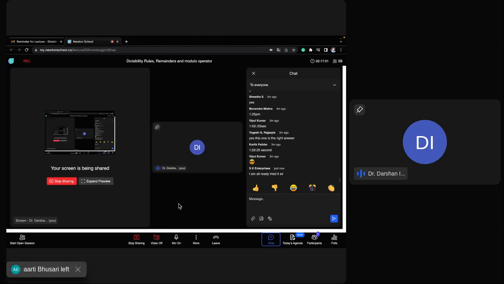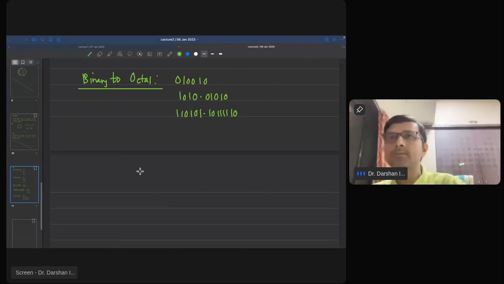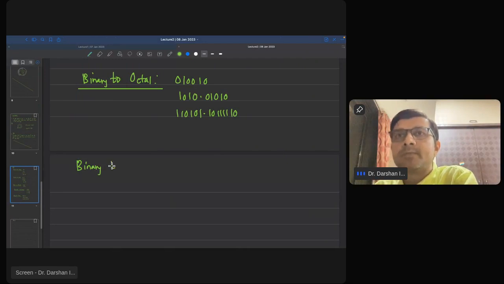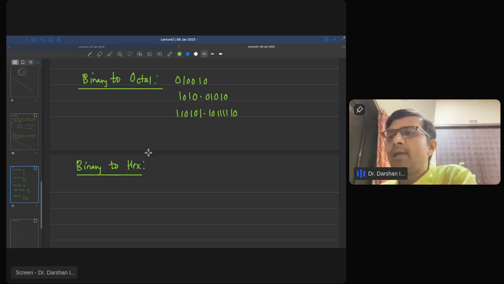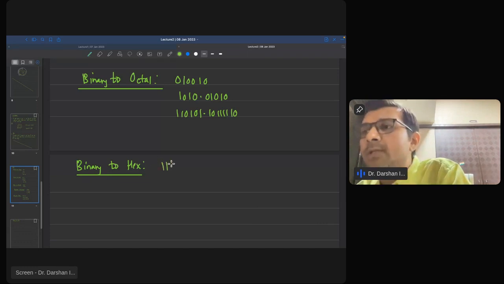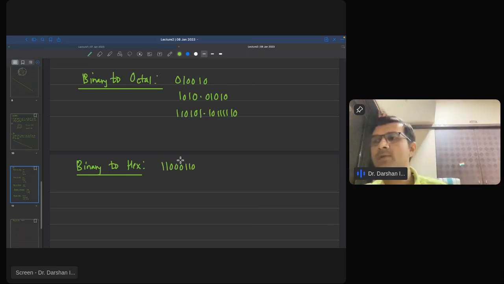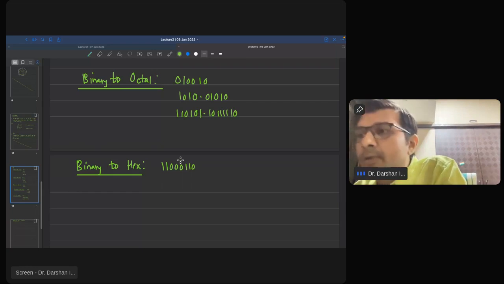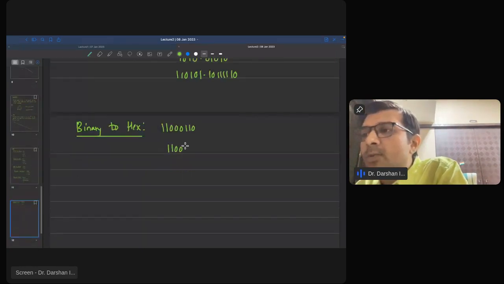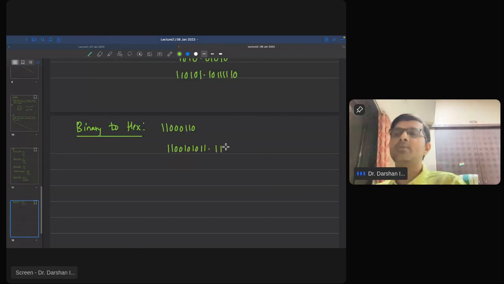And the last one is binary to hex, where you can take 1, 1, 0, 0, 0, 1, 1, 0 as the first number, or you can take 1, 1, 0, 0, 1, 0, 1, 1.1110. This is binary. You have to convert it to hex.